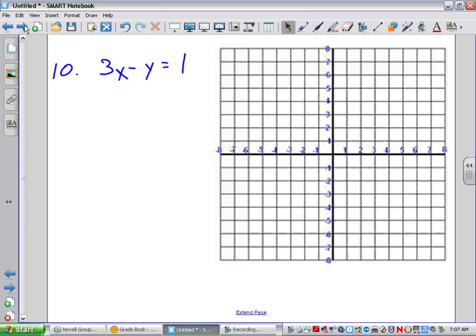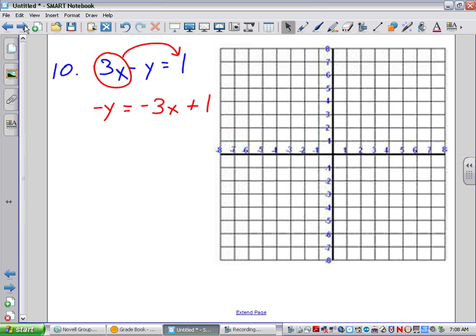So I'm going to move this 3x to the other side. Now remember, if you move it over, the 3x becomes minus 3x. So I'm going to bring down my minus y. Yes, bring down the minus sign too. Then I'm going to write minus 3x. That comes across. And then I bring down my plus 1.